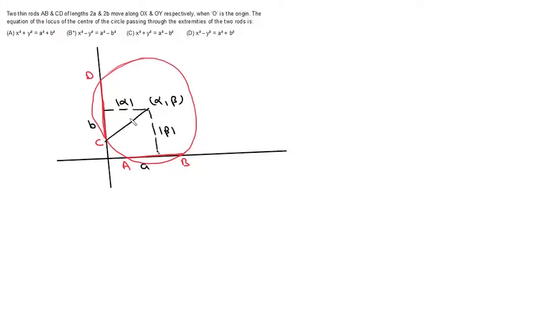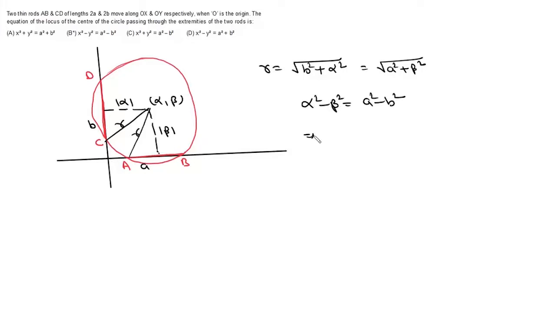Now we can find this radius R, which will be under root of b square plus alpha square, and also under root of a square plus beta square. So alpha square minus beta square equals a square minus b square. So locus of this center will be this hyperbola, which is x square minus y square equals a square minus b square, and that's your option B.